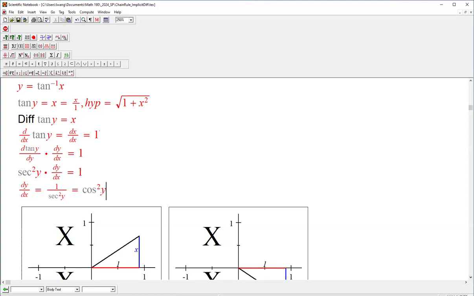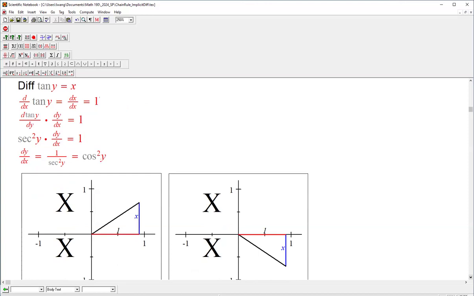Now, what is cosine y? We know tangent y equals x, and we just drew the picture. What is cosine y? Let me mark the angle. This is y.